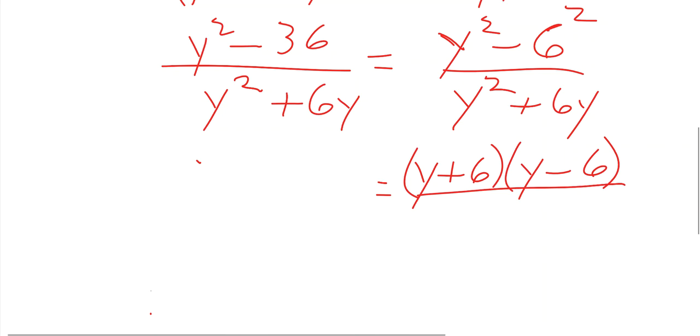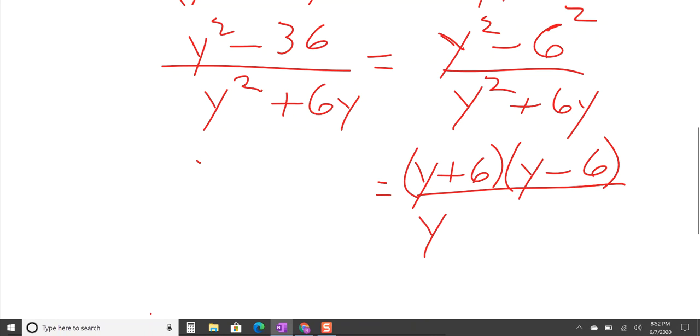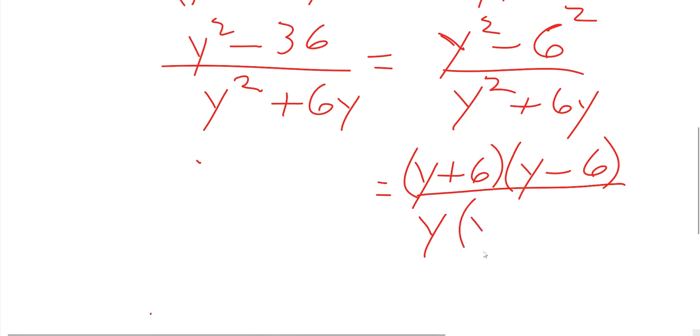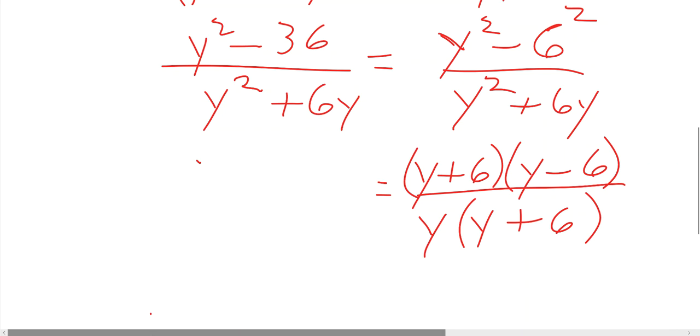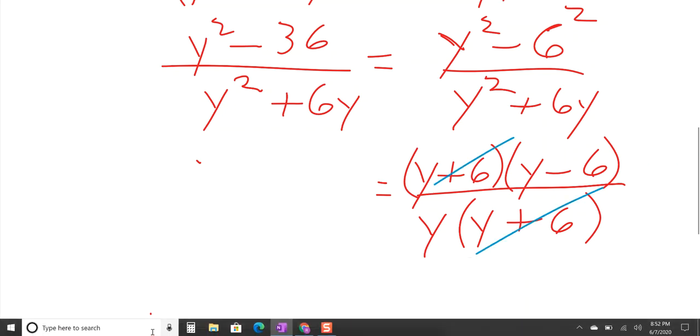And we're dividing all of this by y. Notice we can factor a y out of the denominator. y times y plus 6, like so. Now you can see your common terms. Here they are, y plus 6, y plus 6. And we are left, again, with a rather simple expression.